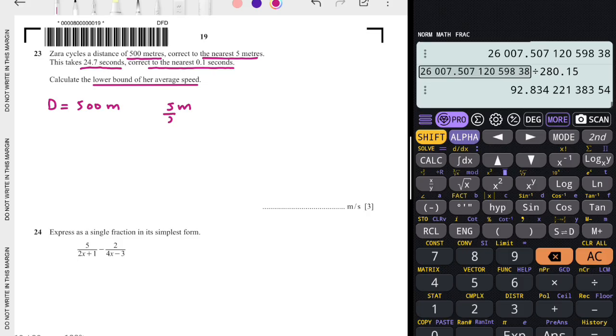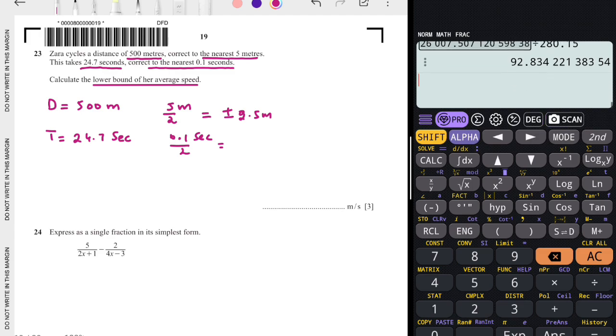So we divide it by 2, so this becomes plus minus 2.5 meters. This is the error, and for the time, that is 24.7 seconds, correct to the nearest 0.1 second, divided by 2, 0.1 divided by 2 is equal to 0.05, which is the error.